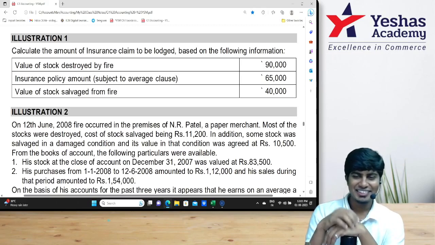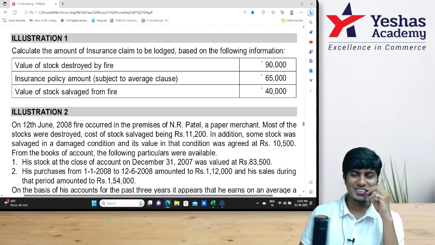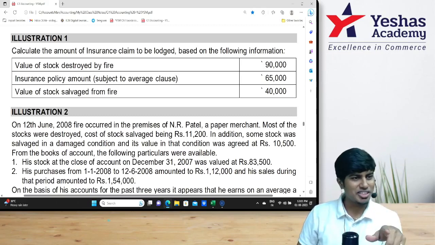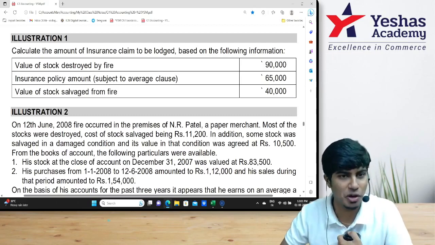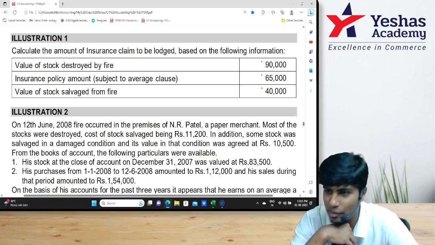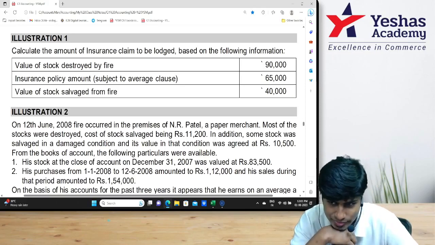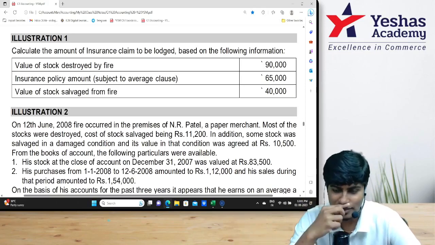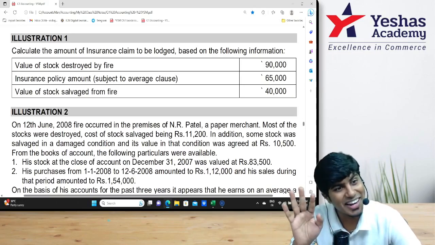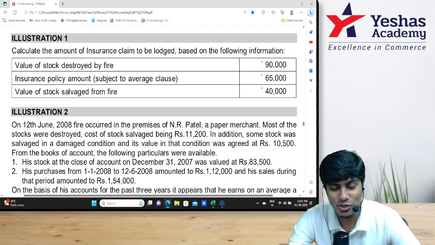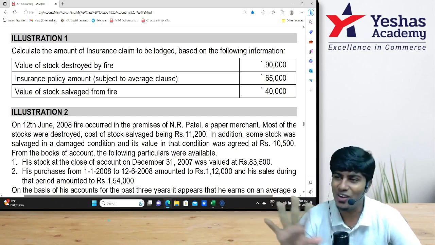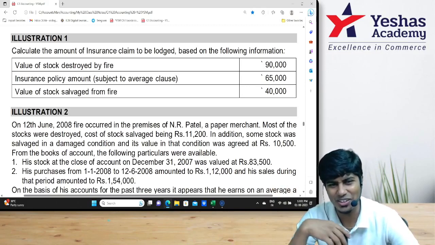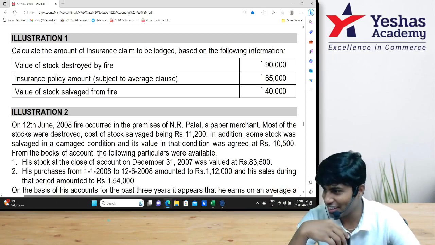Now listen. 90,000 is stock destroyed by fire. 65,000 is insurance taken. What is the percentage of insurance policy coverage? 65 divided by 90, that is 72%. Keep that in mind. How much is loss? Not 40. 90,000 lost. Damaged goods when you sold, you got 40,000 back. Loss is only 50. 50 into 72%, 36,000 or something. Got it?